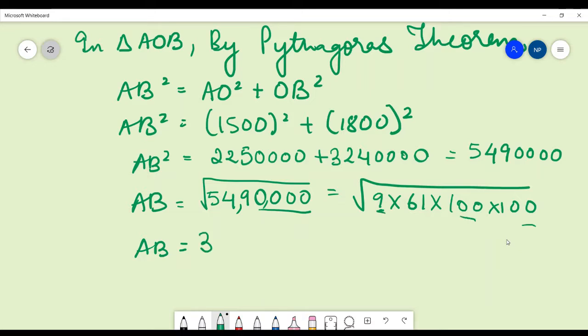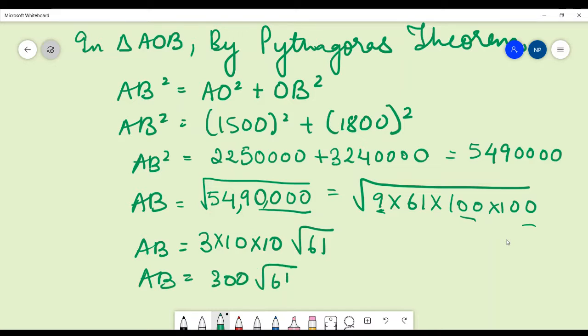From here 10 and 10 can be taken out, under root of 61. So AB is equals to 300 root 61 kilometer. Okay, that means the two planes are apart by 300 root 61 kilometer. Is that clear? So I hope this much is clear, children.